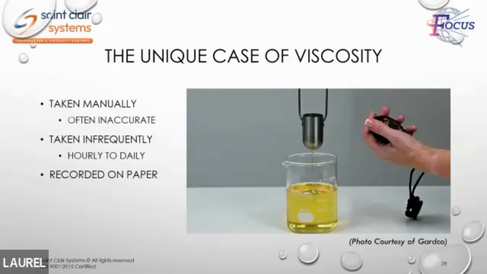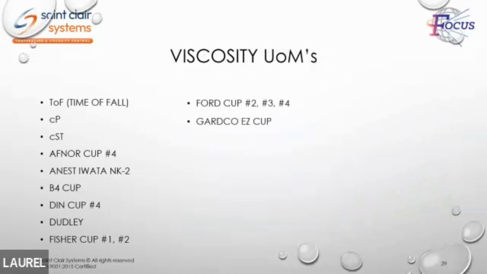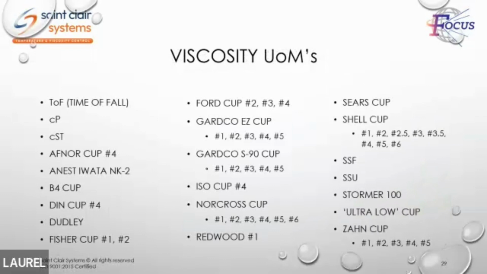Now, it may be moved to a database, but this is where it starts. But it gets worse because there are as many different kinds of measurement tools and units of measure for viscosity as there are engineers to come up with a way that they want to do it. And this is not like converting from degrees Fahrenheit to degrees centigrade.